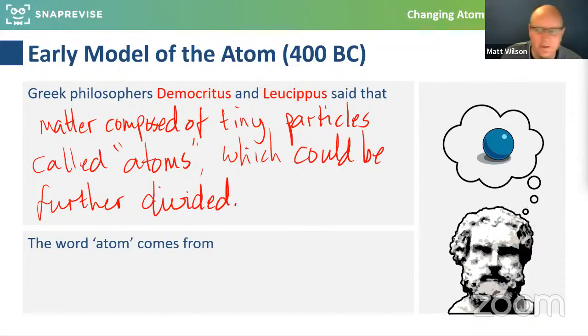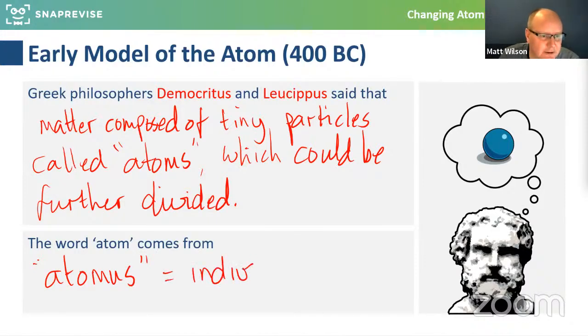Just noticing the chat scrolled up. Let's have a look. And yeah, thank you, Khadija. Atom does come from a Greek word. So it comes from the Greek word atomos. And that word literally means indivisible in English.